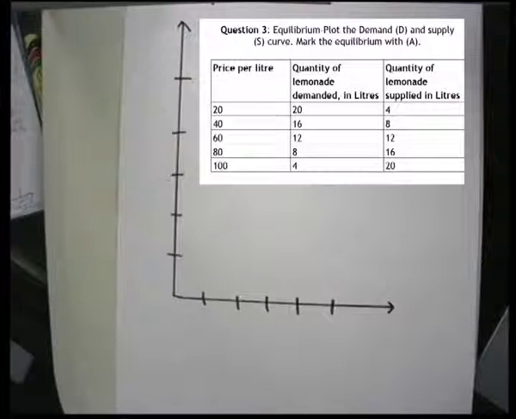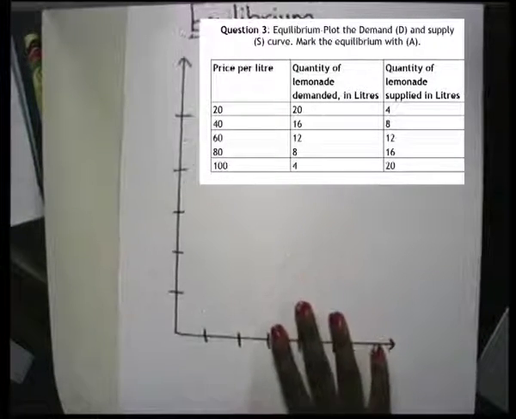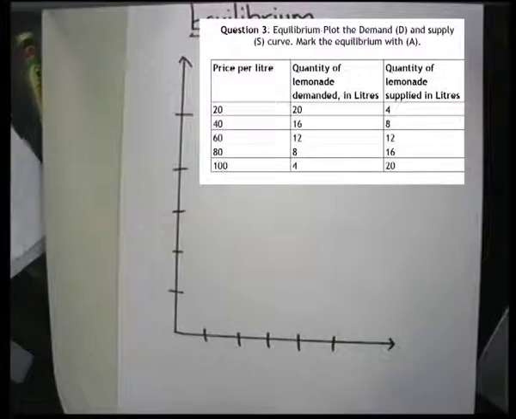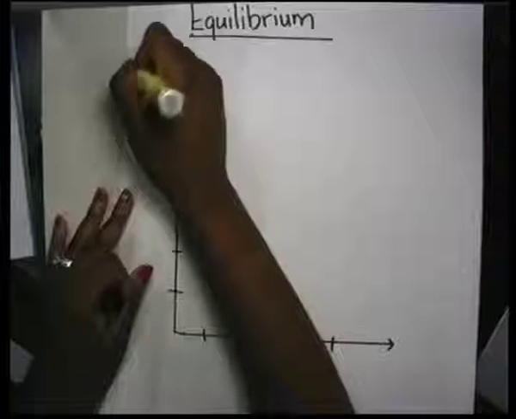We have the price per liter, which is of course in Namibian dollars. We have the quantity of lemonade demanded in liters, and then we have the quantity of lemonade supplied in liters. So first and foremost, we just need to plot on our graph what it is. We have to take the information that is given to us and put it on the graph.